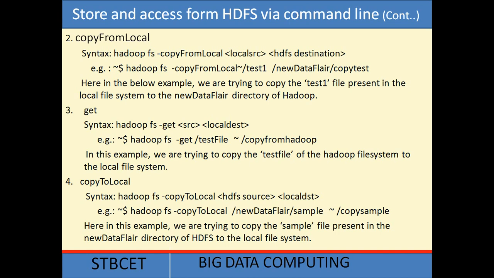Get command. If sometimes you want to get data from the HDFS file system to our local file system, in that case the get command is used. How do I write the example? Hadoop fs -get test file, and then a local destination.